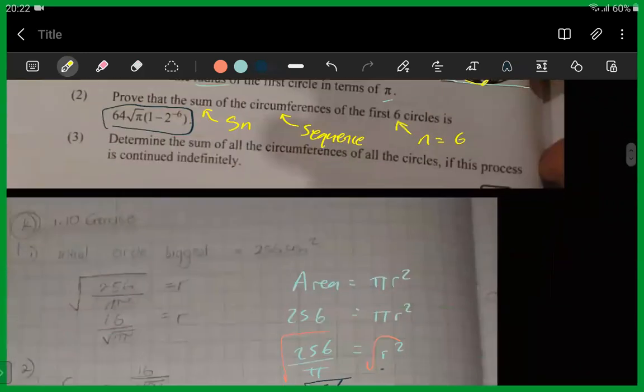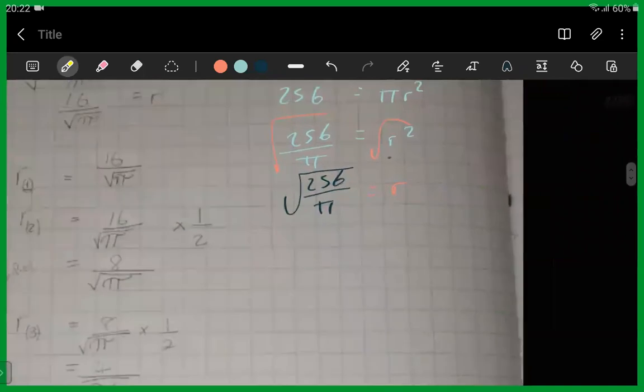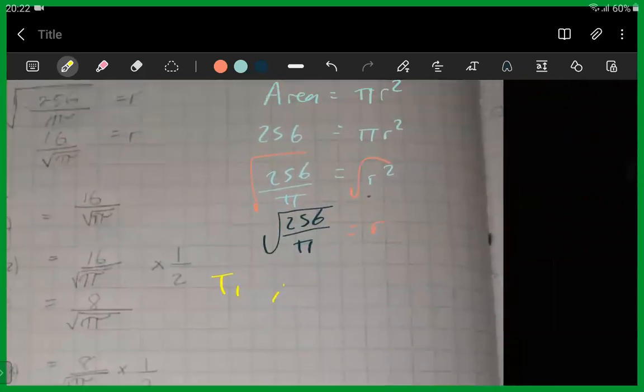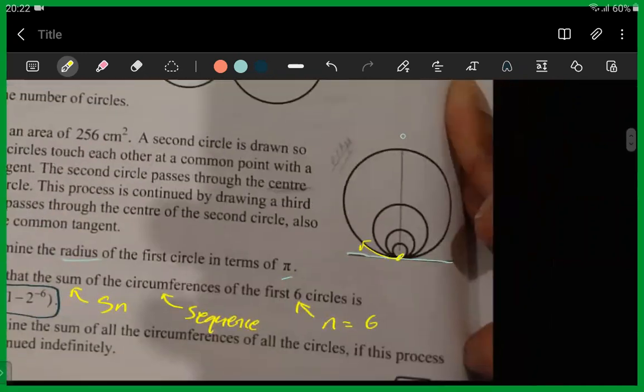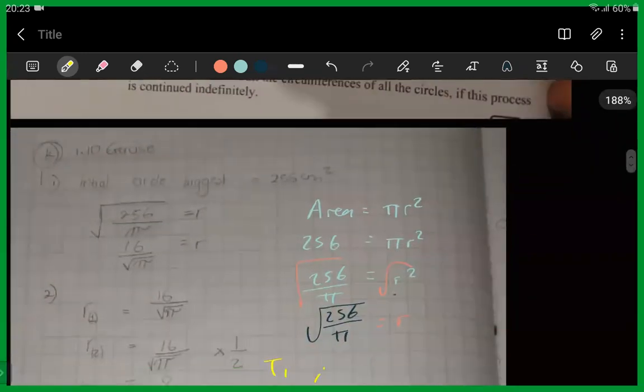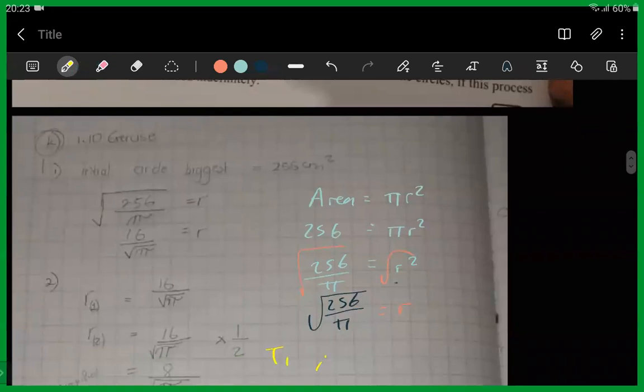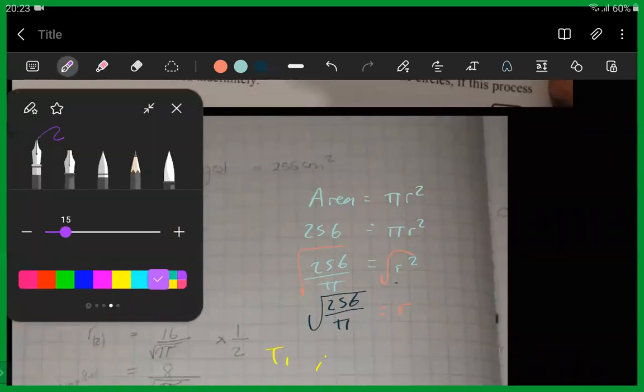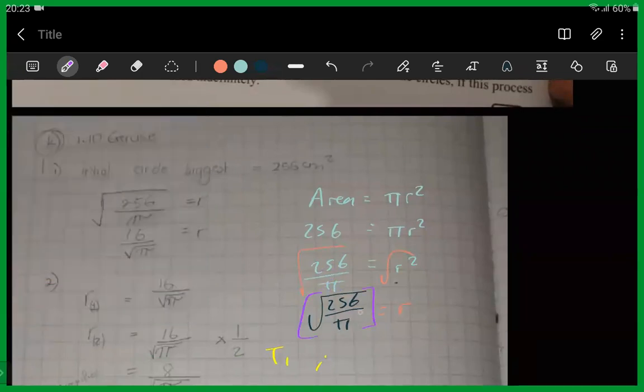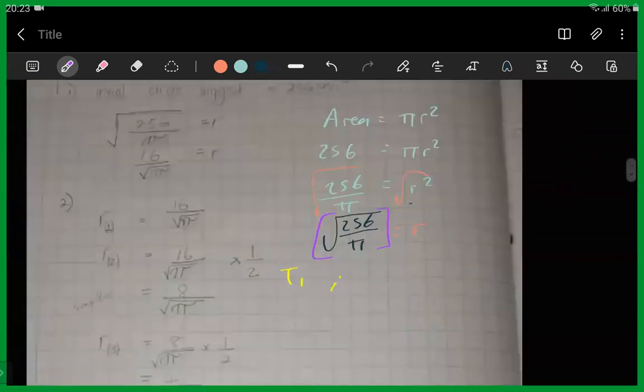You may want to write out the sequence a bit. For the first term, you need the circumference of the first circle, which we can get using the formula 2 pi r, and we use this as our value of r in our first term.